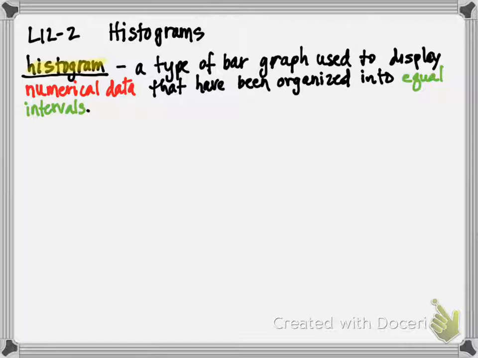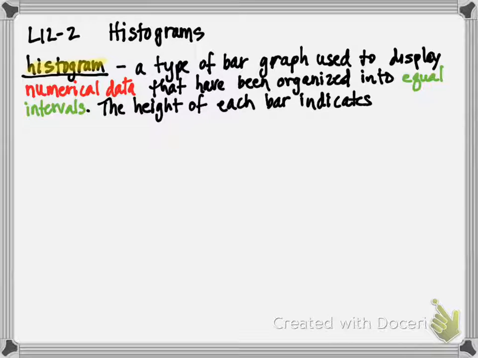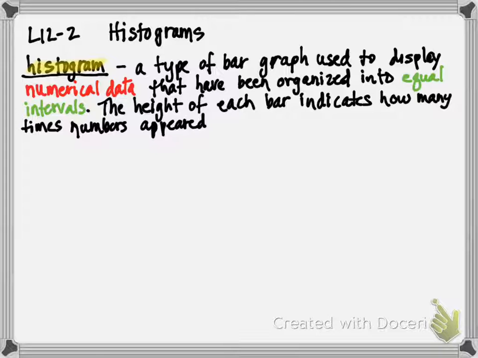The height of each bar indicates how many times numbers appeared in that interval, and we call that frequency.